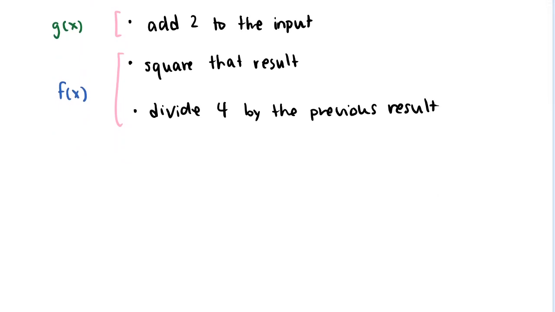So g of x, the add 2 to our input function, is g of x equal to x plus 2. And then f of x does the next two steps: it says take our input and square it, and then divide 4 by that previous result.